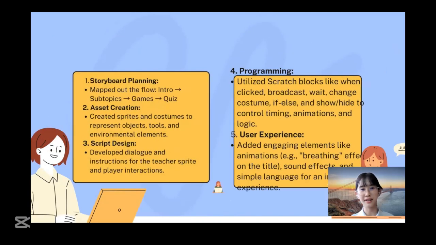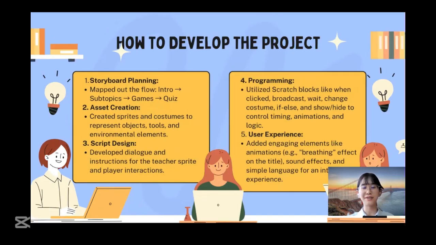So next, how did I develop the project? To develop the project, it required 5 steps. For the first step, I created the storyboard planning. For example, I mapped out the flow: intro, subtopics, games, and also the quiz.